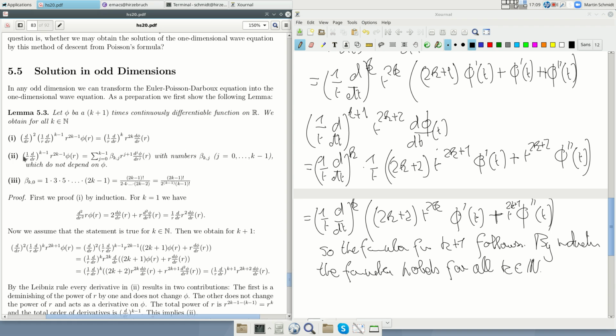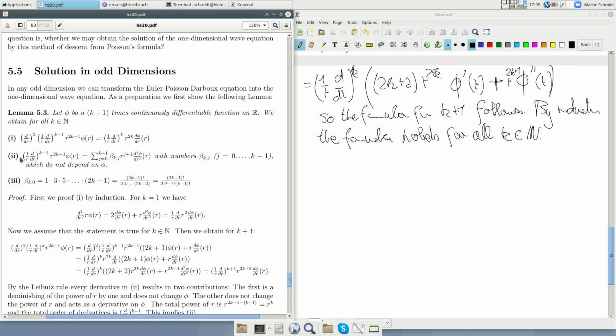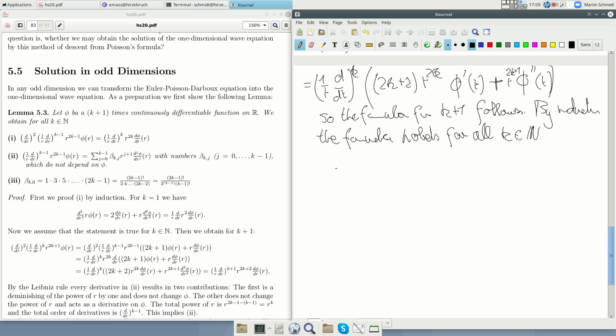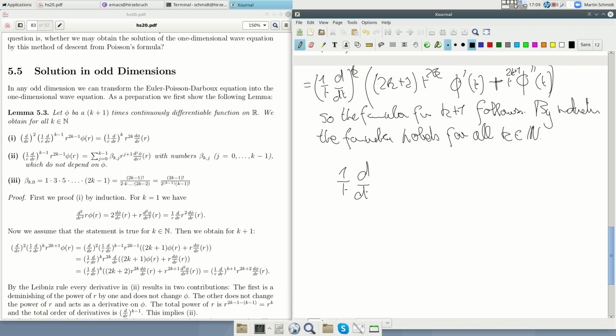Now let's see the second statement. We want to see that this expression indeed has this form, a polynomial. Every derivative here, 1 over r d by dr to the power of k minus 1, is of course the same as 1 over r d by dr times 1 over r d by dr, and so on.